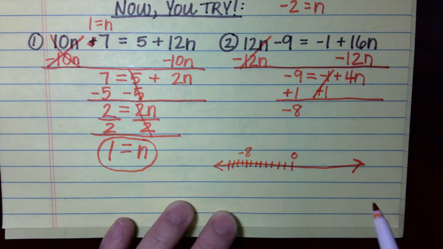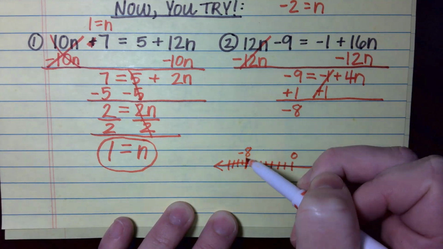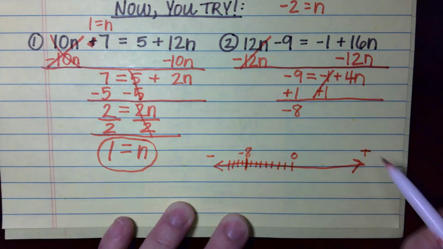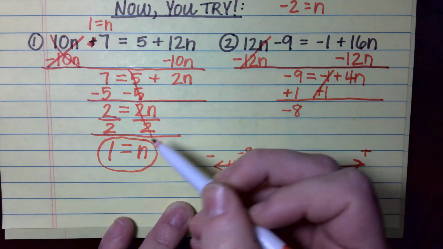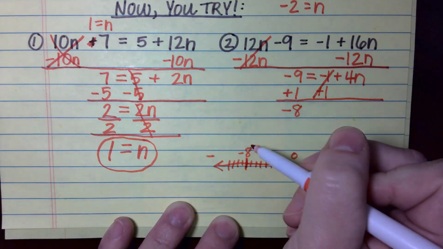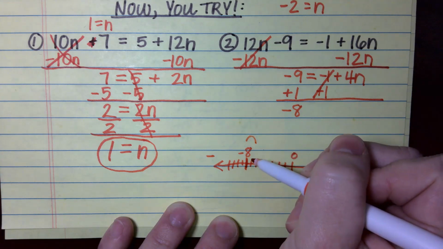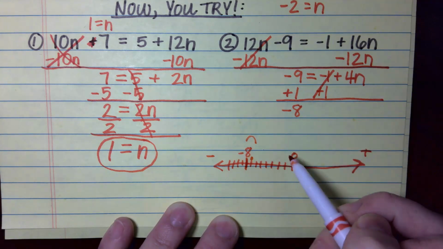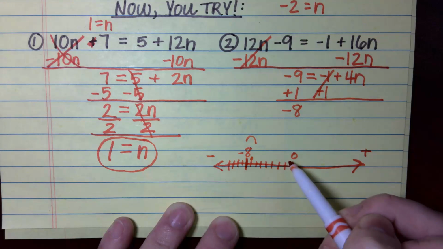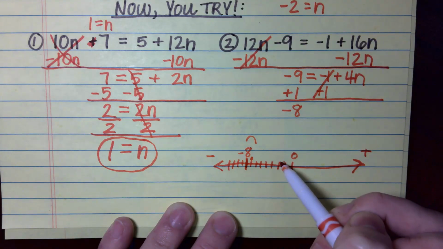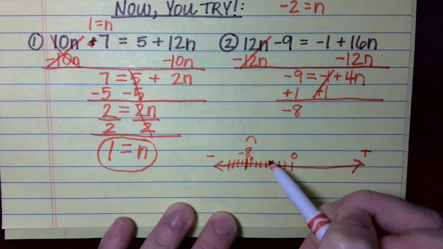Okay. When I add, what direction do I go? To the right or to the left? To the right. To the right. So when I have -8 and I add 1, I end up here. And remember, our negatives go the opposite direction of our positives. So this is -1, -2, -3, oh, hang on.